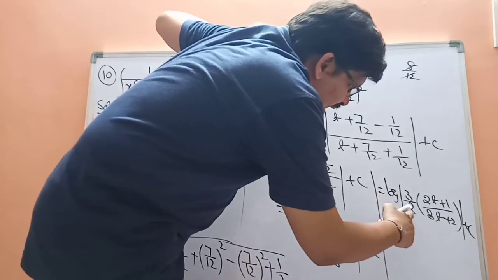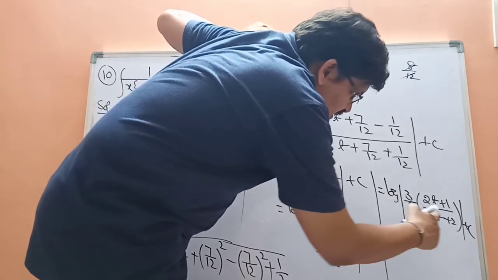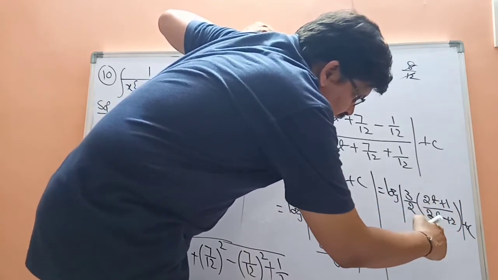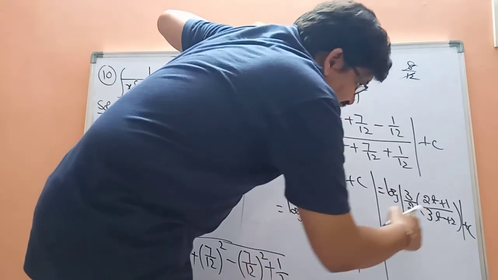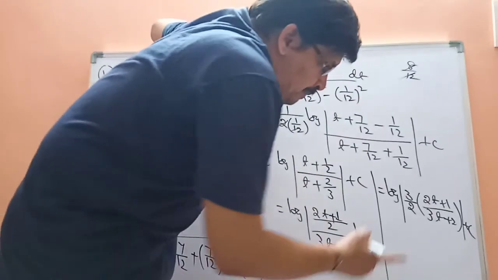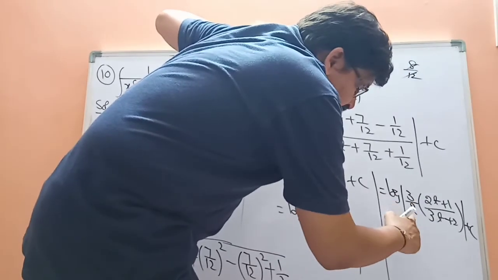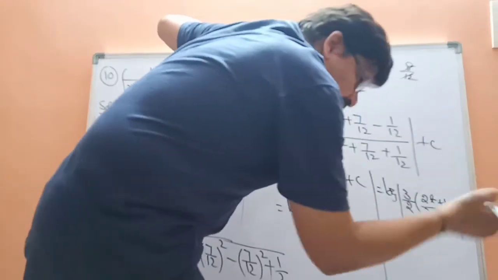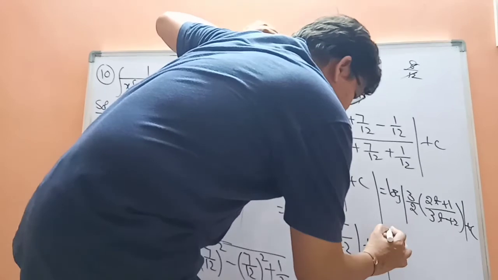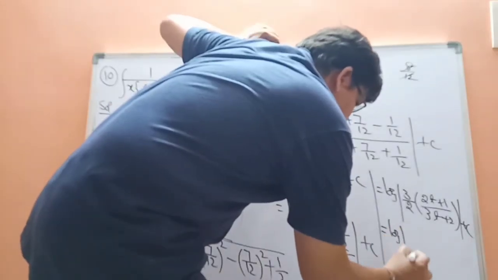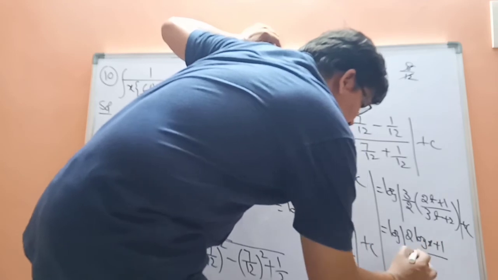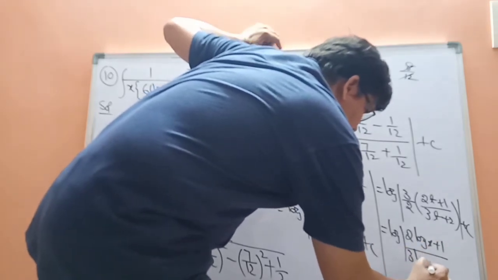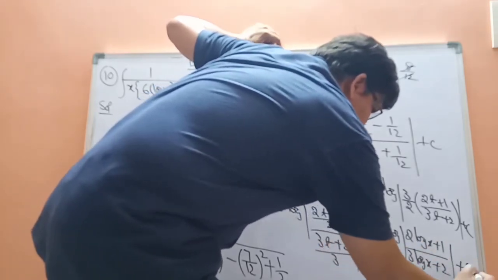This is log mn. m means 3 by 2, n means this value (2t plus 1) by (3t plus 2). Log mn means log m plus log n. Log m means log of 3 by 2, plus a constant, so you have to get another constant. Now the final value is log of (2 log x plus 1) by (3 log x plus 2) plus another constant c.